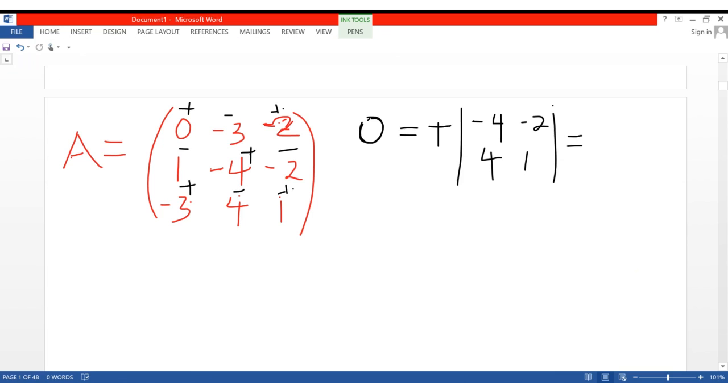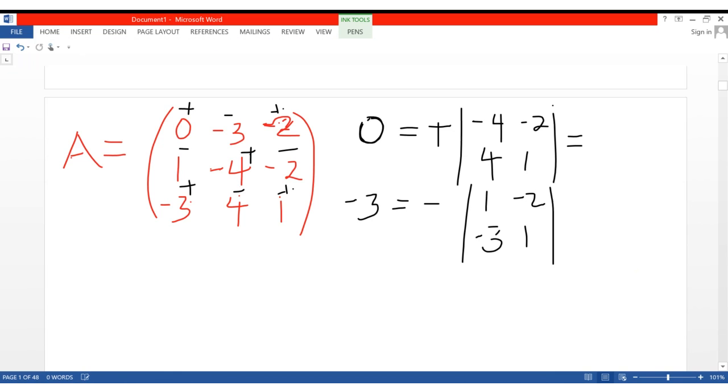Then I'll go for element -3. The sign is negative outside. Again, I'll block the column and the row where -3 is. So I remain with 1, -2, and then -3 and 1.